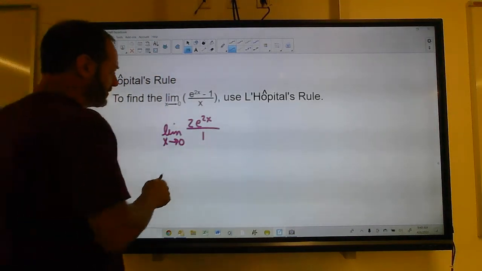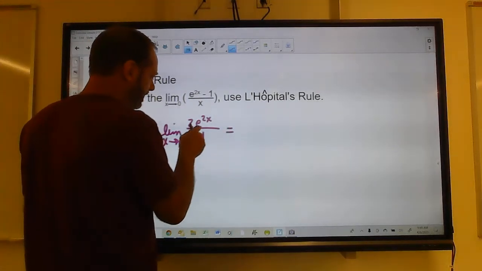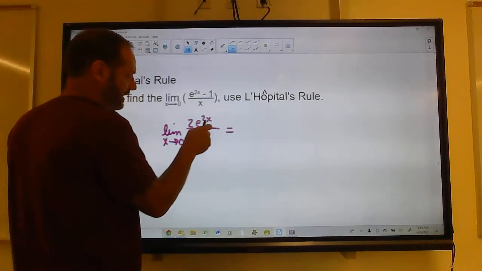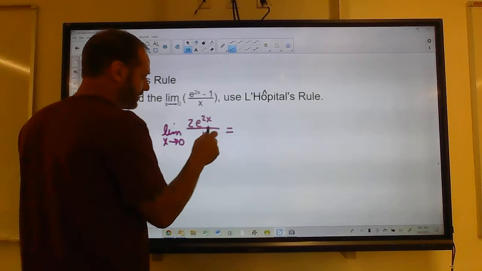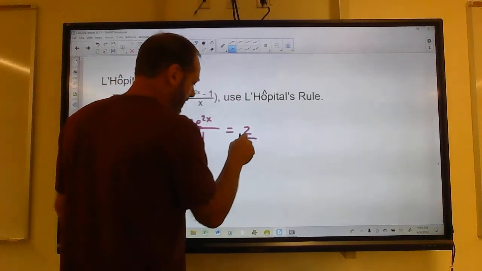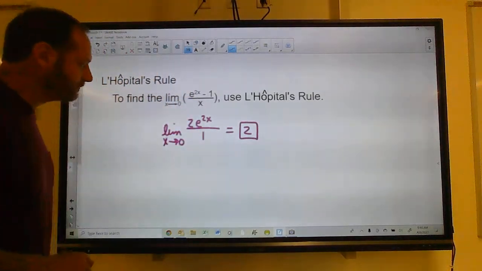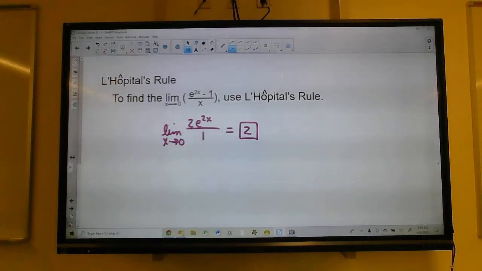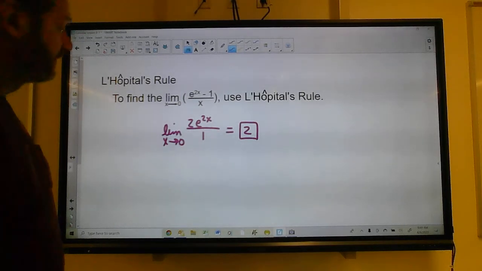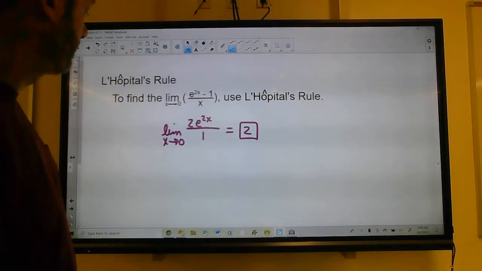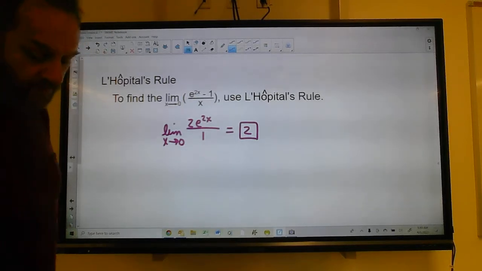Okay, I can substitute 0 into this. That's going to give me e to the 2 times 0, which is just 1. 1 times 2 is 2, divided by 1. This is going to end up being 2. So that was a pretty easy way to find the limit of that thing.